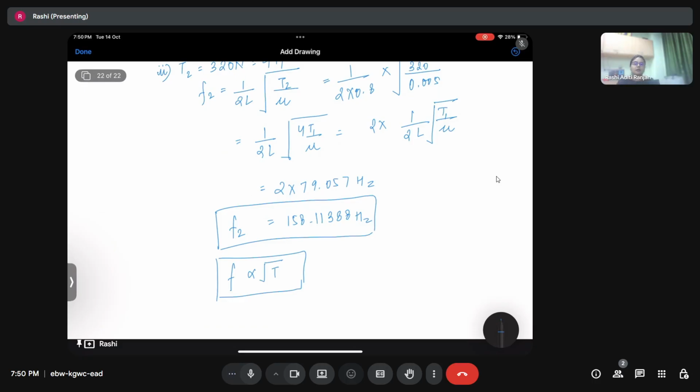So if I try to create a plot, we have f is equal to some c into under root of T, or f square by c square is T. So when we try to plot y is equal to x square, we get it like this.